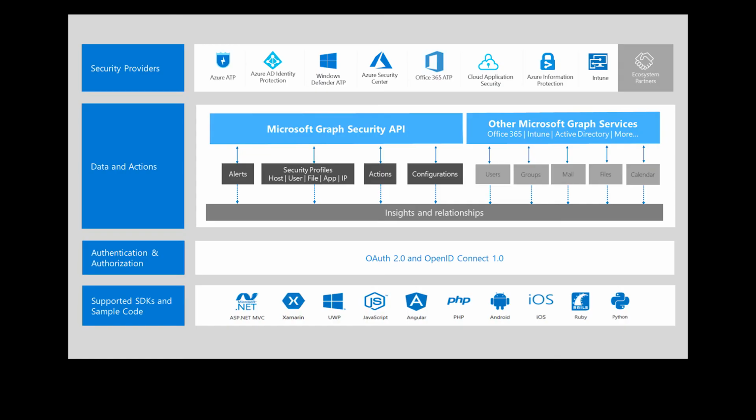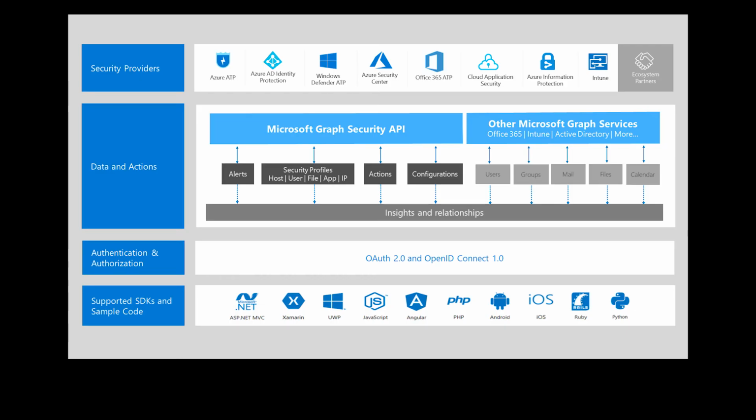So here's kind of how that works. So the security API is an extension of Microsoft Graph. And if you're not familiar with Microsoft Graph, it's kind of the primary programmatic interface that Microsoft provides access to services like Office data from services like Office 365, Intune, Active Directory, and many other entities.